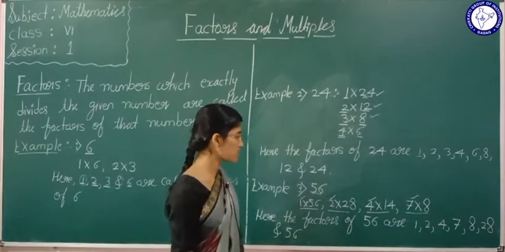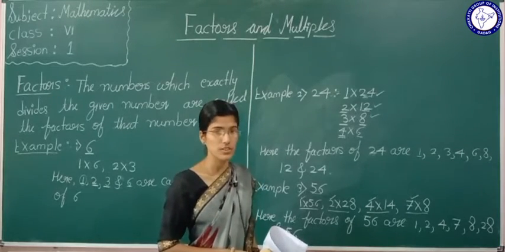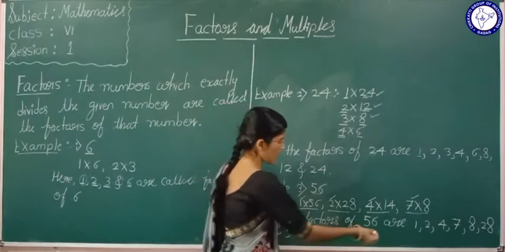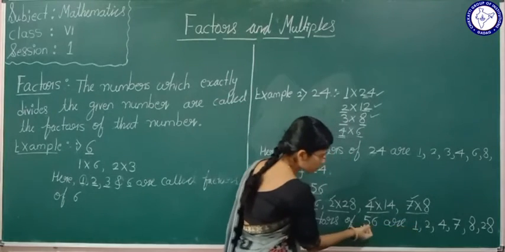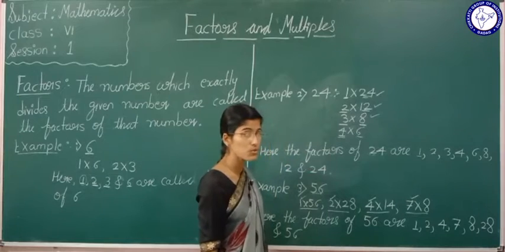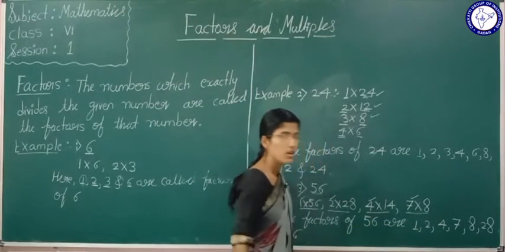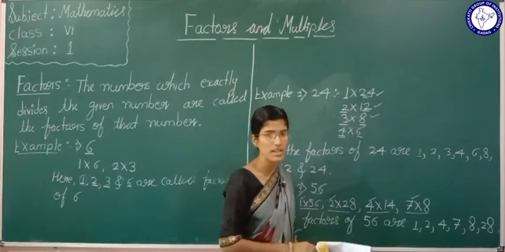Now factors means the definition should come to your mind. I am telling 1 is a factor of 56 means this 1 divides 56 completely. Do the division and see, 56 divided by 1, quotient you are getting 56, remainder you are getting 0.